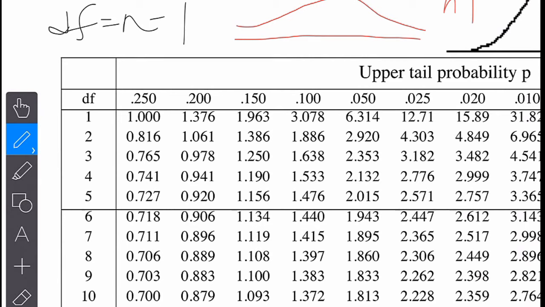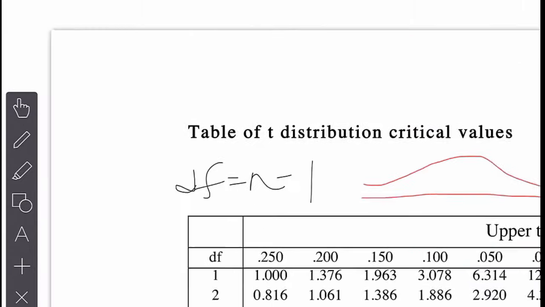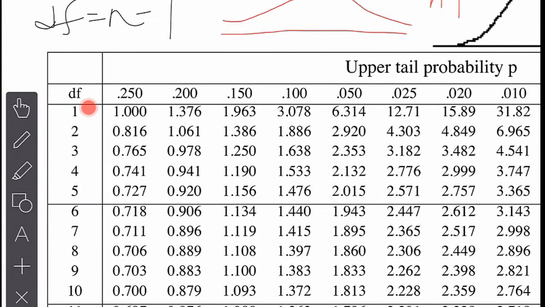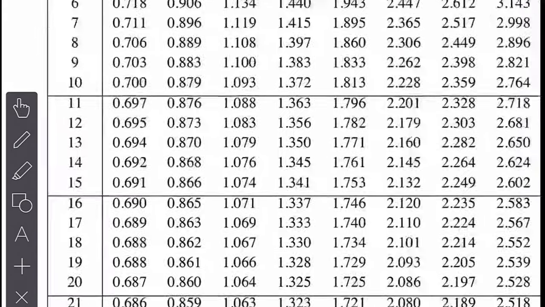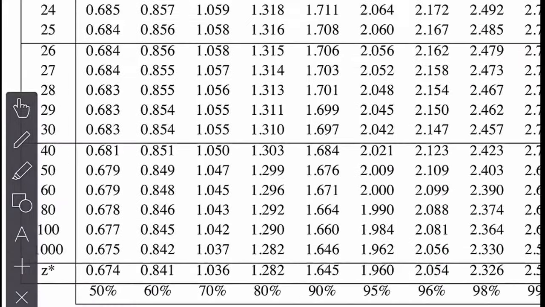So if we go all the way down, what we're doing is we're going for larger and larger samples. So this is a sample of size 2, this is a sample of size 3, okay, and so on. So the very bottom, what do you see?